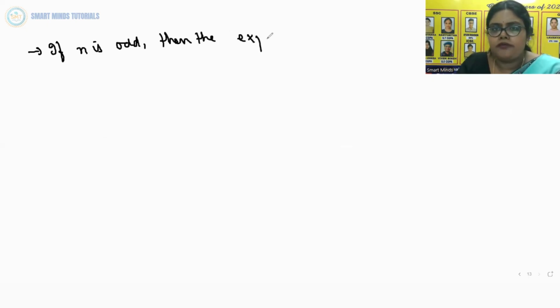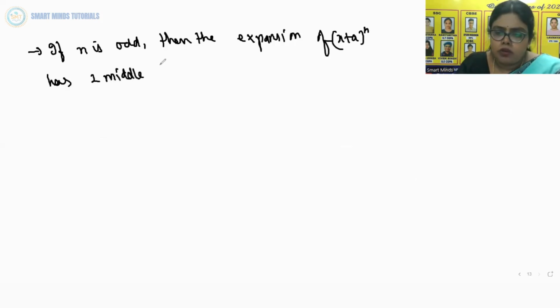Now, if n is odd, then how do we find the middle term? If n is odd, then the expansion of (x + a)^n has two middle terms. What are those middle terms?